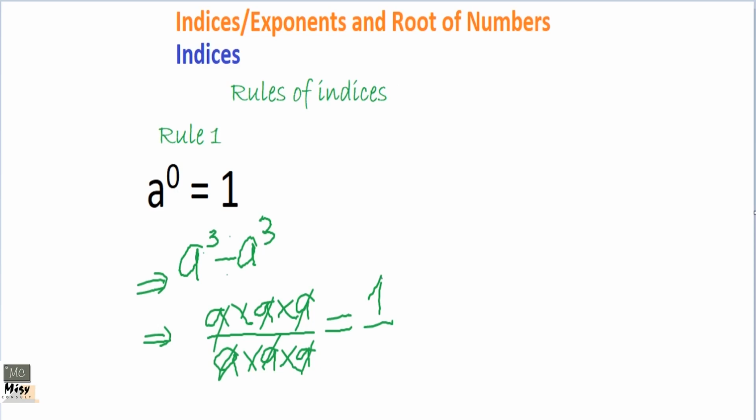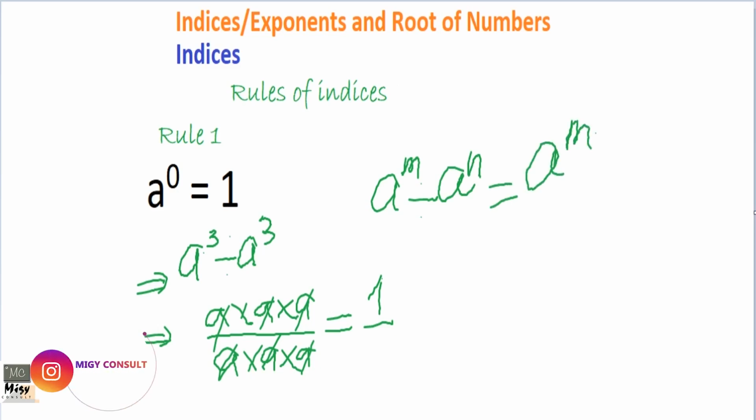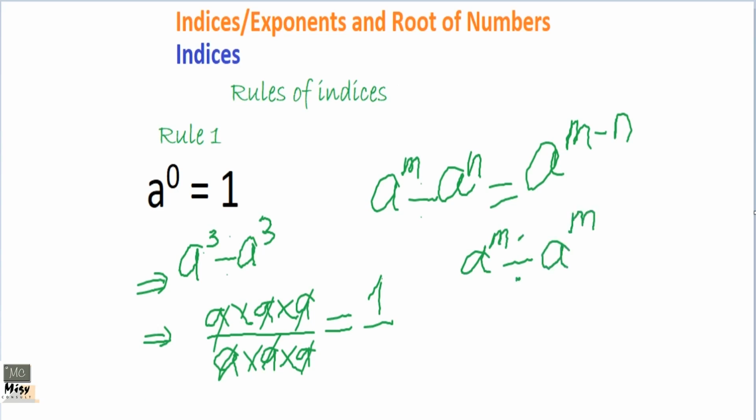But if we use the law that says a raised to the power m divided by a raised to the power n is equal to a raised to the power m minus n, lucky enough they are the same numbers, so it's the same as a raised to the power m divided by a raised to the power m.